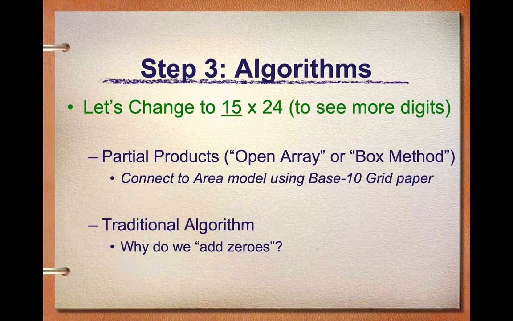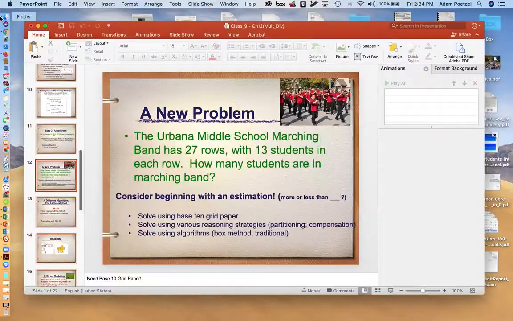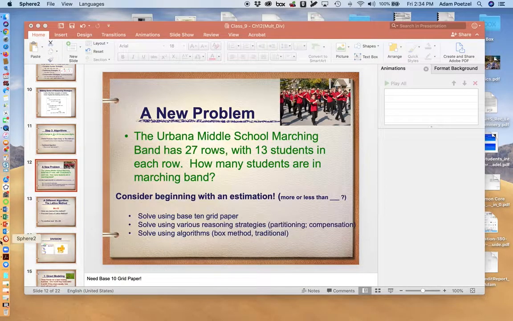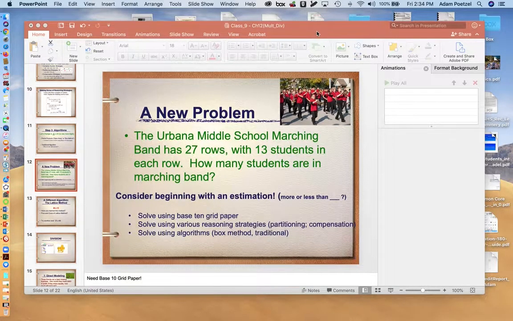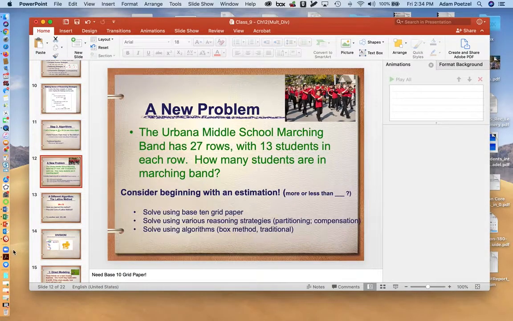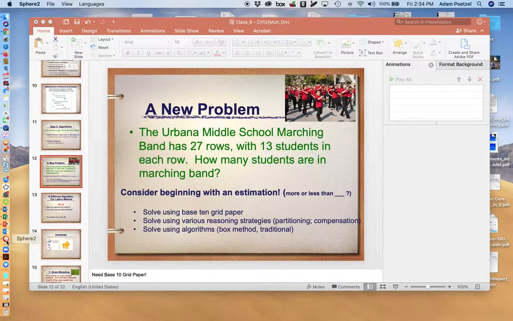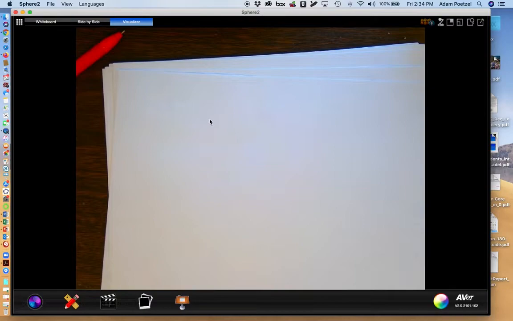To do that, I'm going to use just some paper here on the side. So give me a second to pull that up. Here it is. Okay, and there it is.